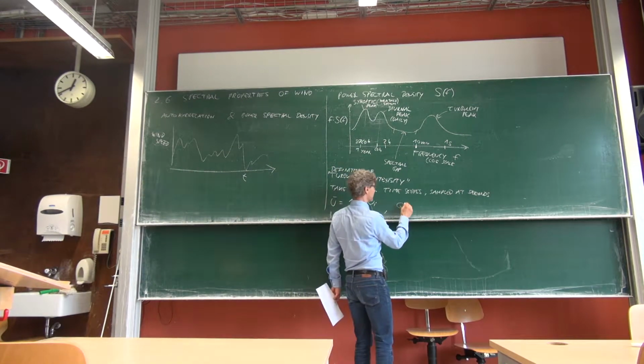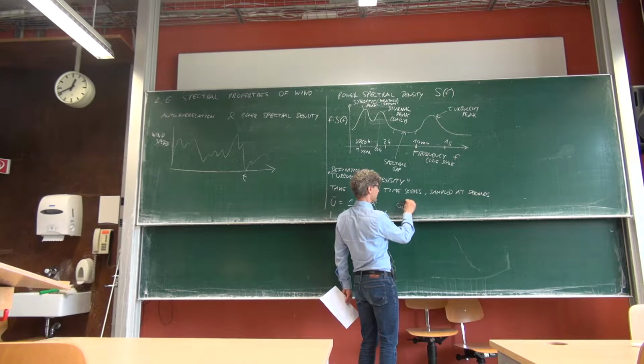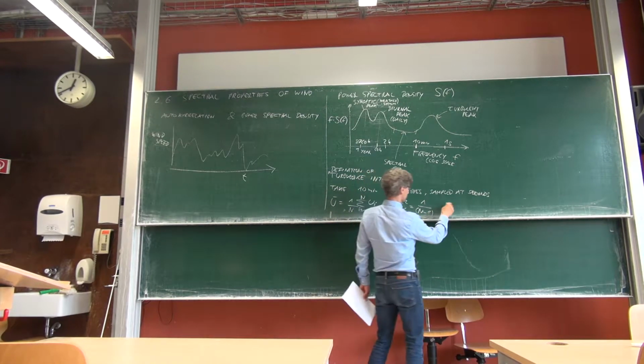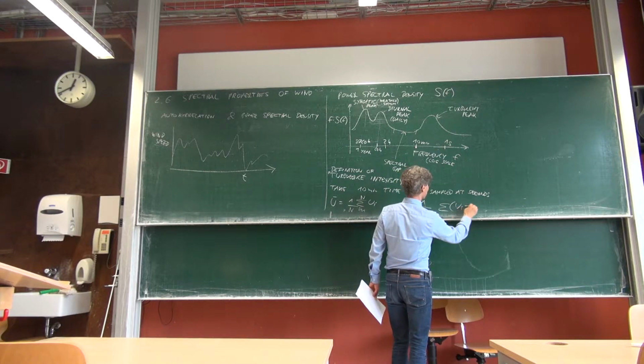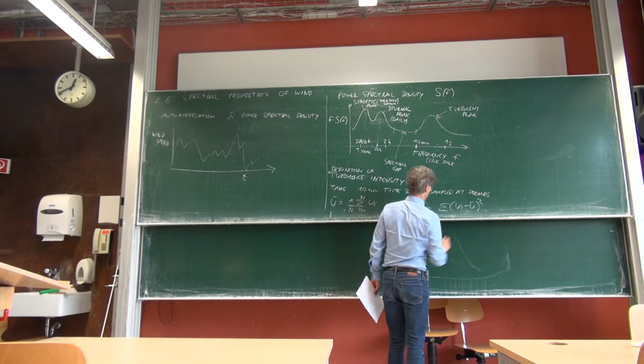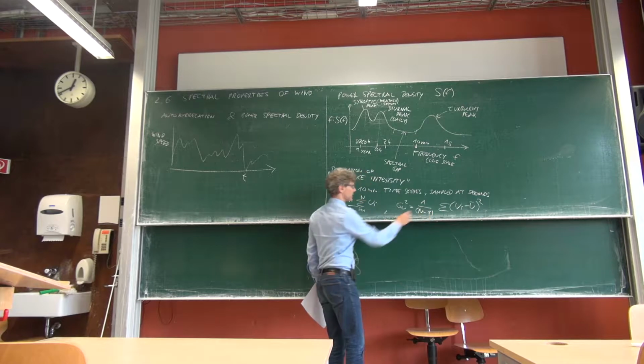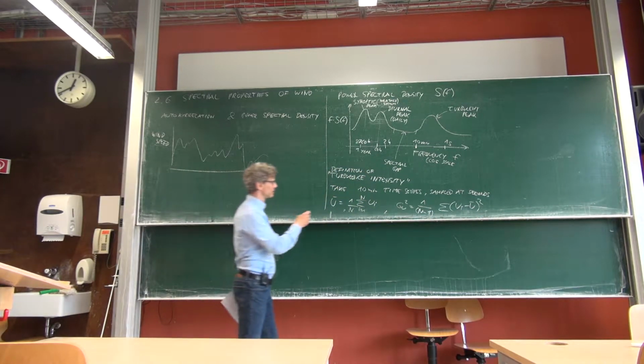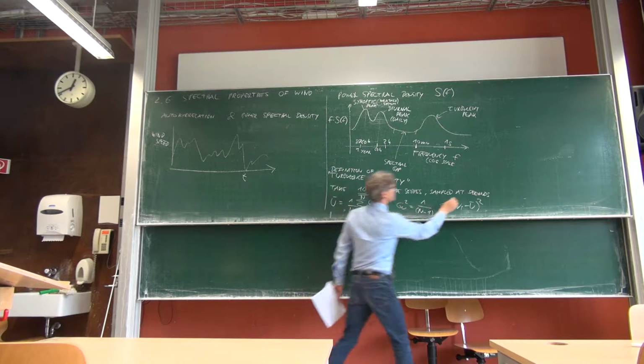Just for fun, I write down the standard deviation of this whole thing. Then it's the sum of the squares, right? Ui minus u bar squared divided by n minus 1. And then we would have the variance of that sample. You have 10 minutes and you sample at seconds.